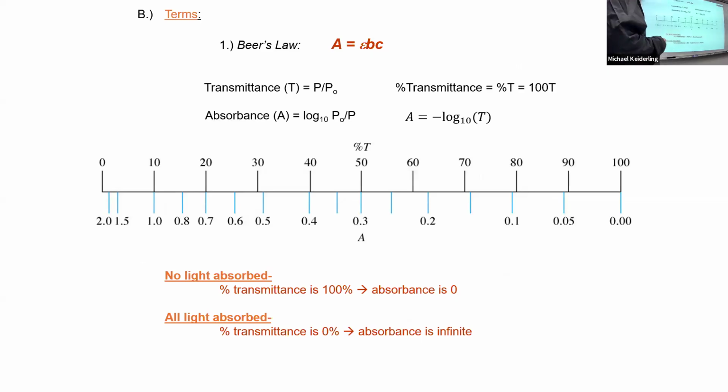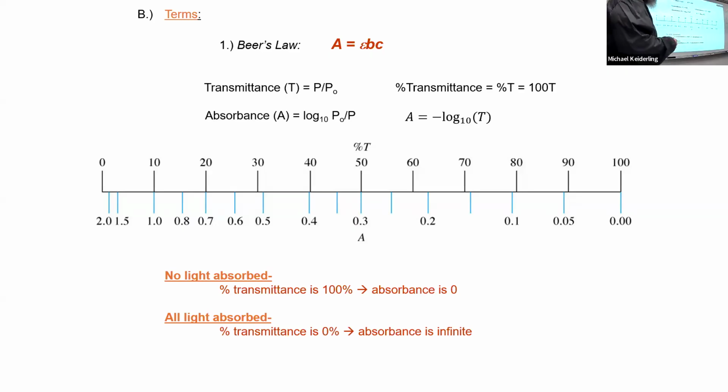Now to get absorbance, there is transmittance, which is the power observed divided by the power with nothing, P naught. So it's like the percentage of the total light that would get through if there wasn't a sample there.